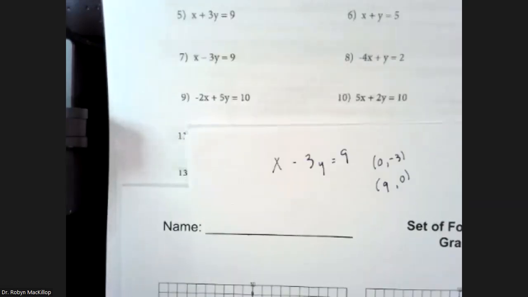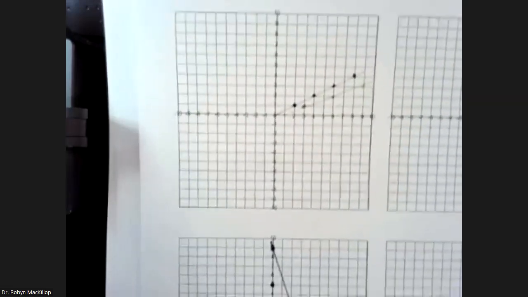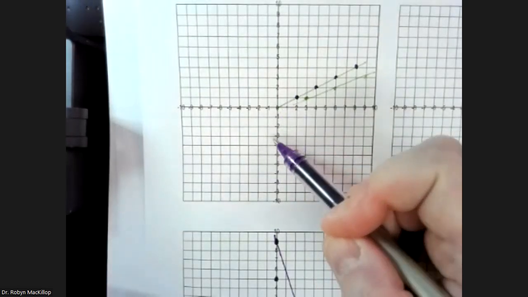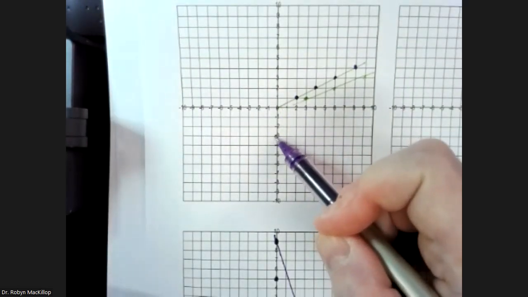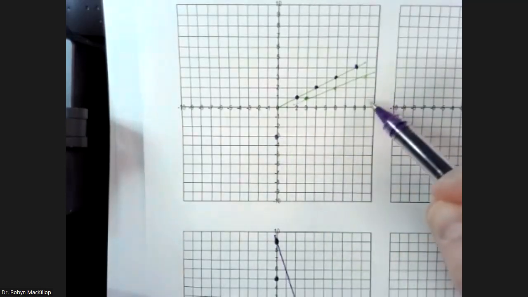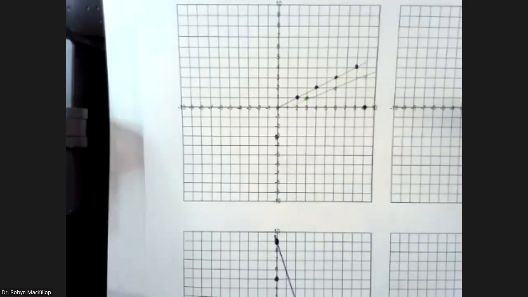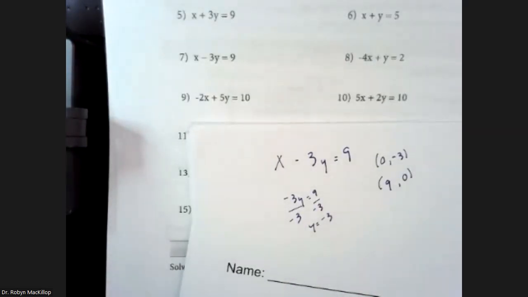What was that? 0, negative 3, 9, 0. So if X is 0, Y is -3, and X was 9, Y was 0. So there's your line. You have graphed that equation. Crazy.